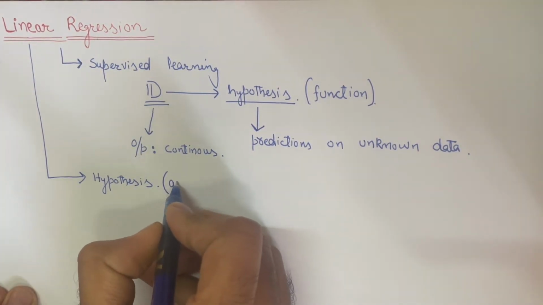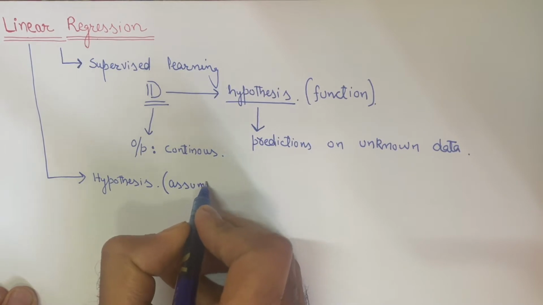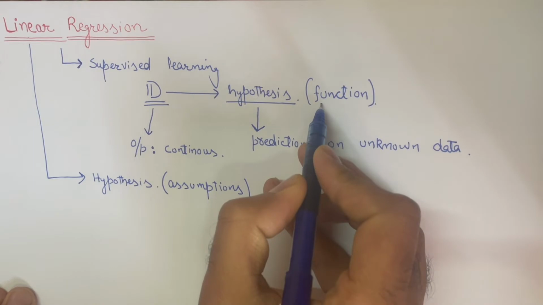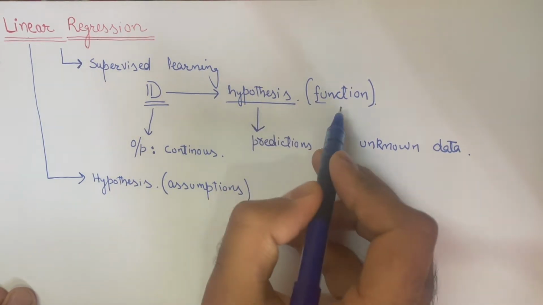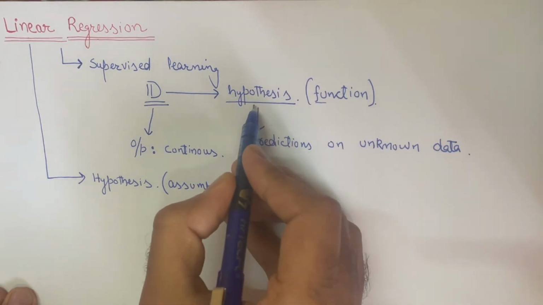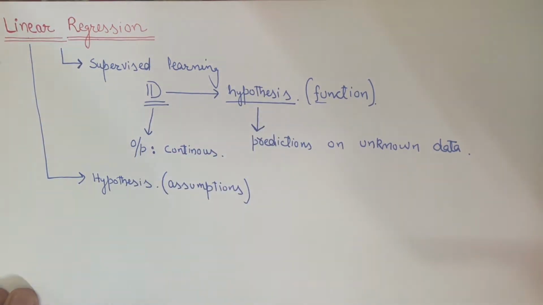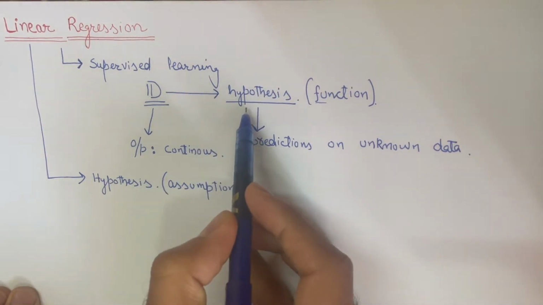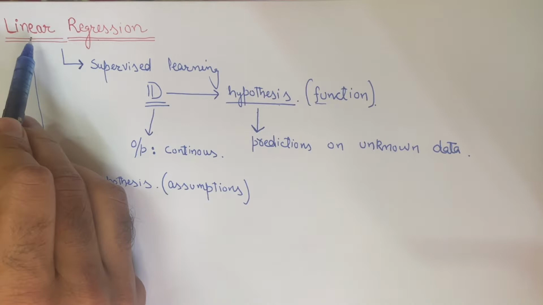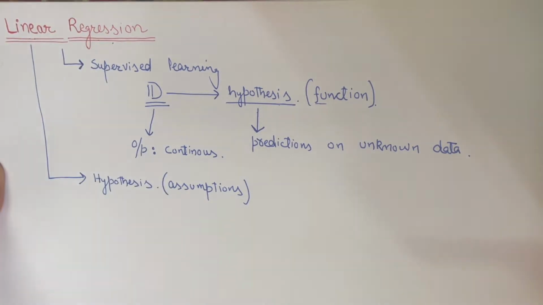As I said in the last video lecture, to find this hypothesis function we have to make some assumptions. This function can be linear, quadratic, exponentiation, or any other polynomial function. But when we assume this hypothesis is a linear function, it is called linear regression.